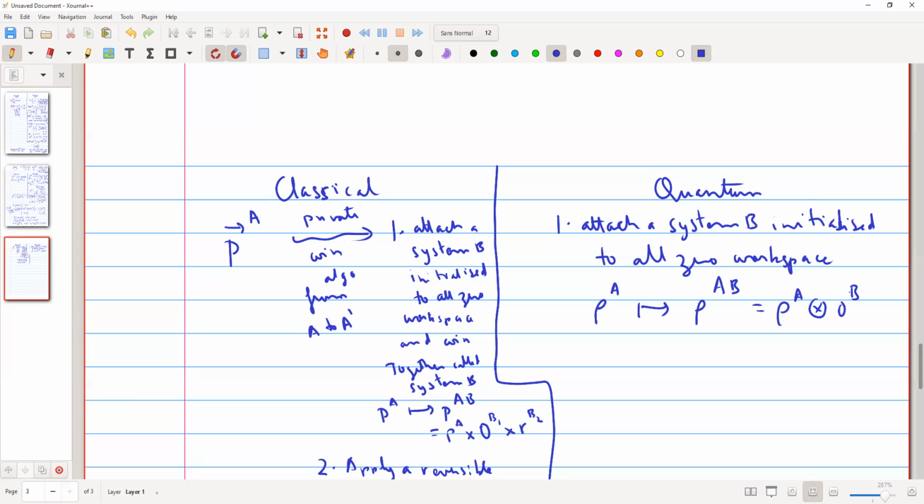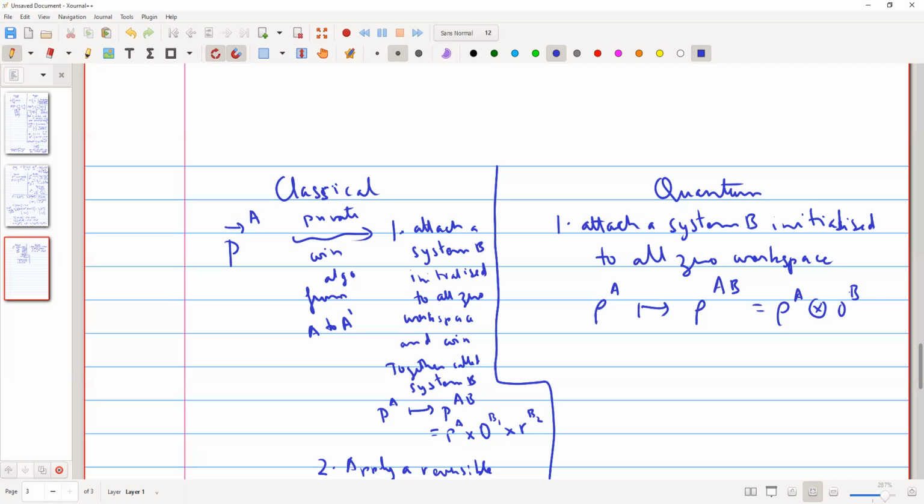So what is this 0 on B? Let us say my workspace is made up of 10 bits. So the sample space is of size 2 to the 10, all the possible bit strings. Now, what will be the Hilbert space for this? The vector space for this system is also of dimension 2 to the 10.